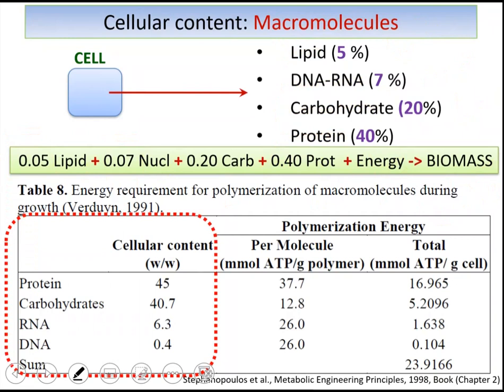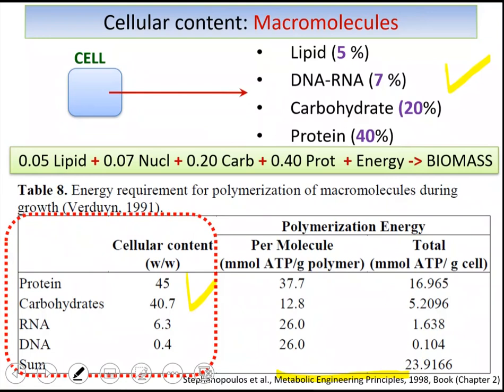Here you see the content of Saccharomyces cerevisiae cells from the Metabolic Engineering Principles book. So roughly these are the percentages reported there. Just carbohydrates, it's a little bit higher.